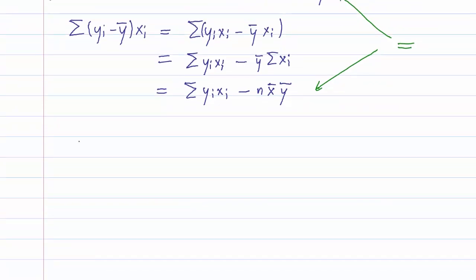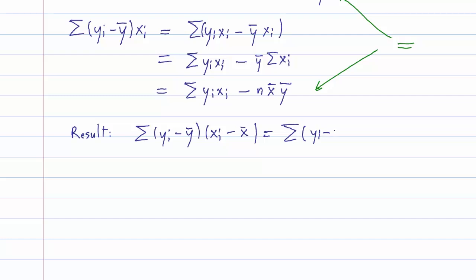So result: the sum of (yi minus y bar)(xi minus x bar) equals the sum of (yi minus y bar) xi, which is equal to the sum of yi (xi minus x bar).